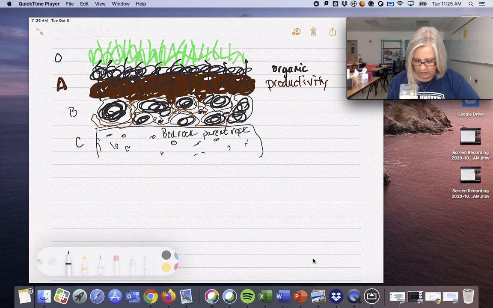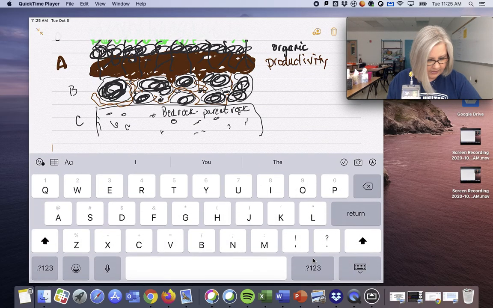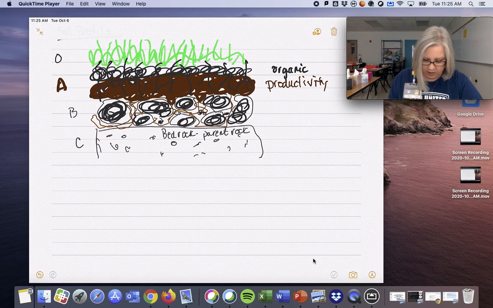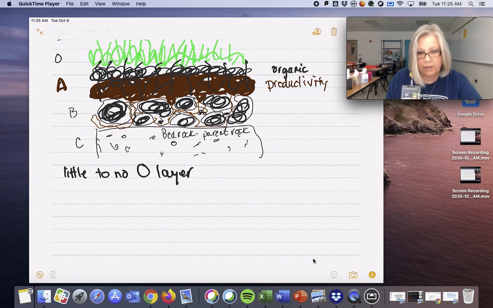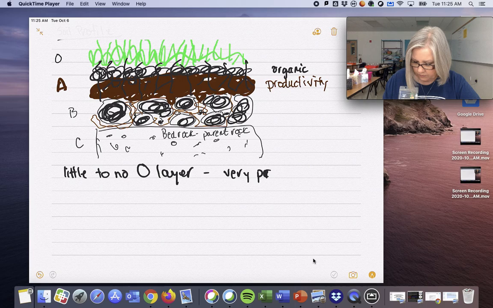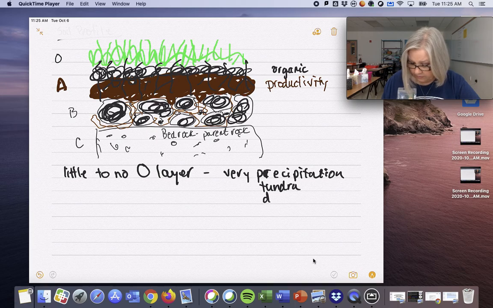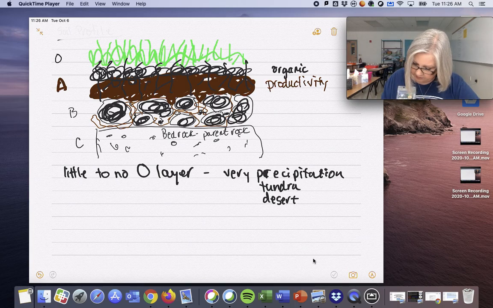So to start with, we're going to see that in places where you have little to no O layer, these are going to be in places where you pretty much have very little precipitation. So that would be places like the tundra and the desert.